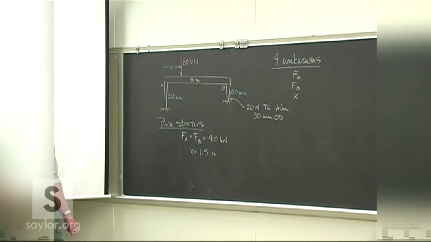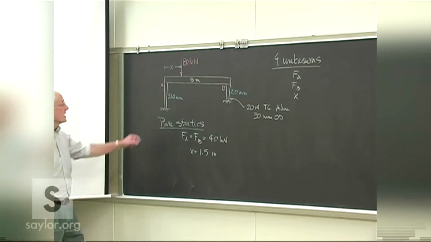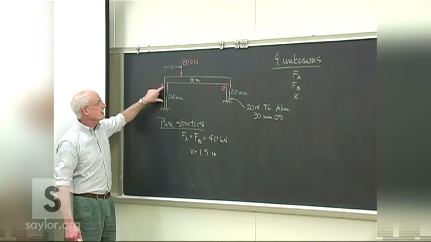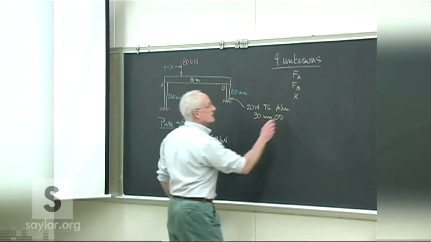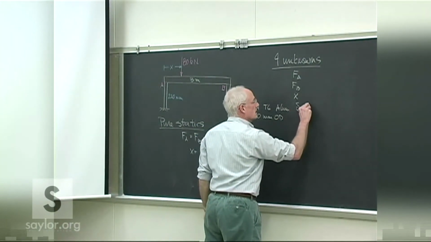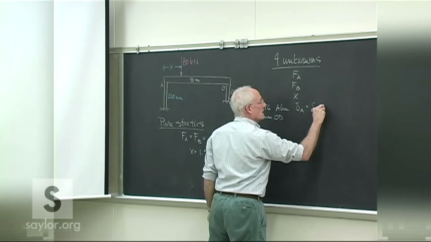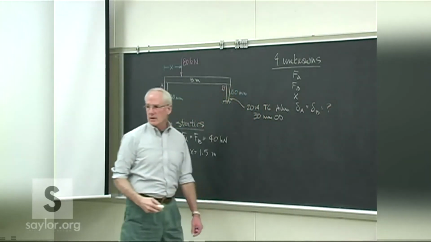There's actually a 4th and a 5th, but they're equal, if that's a hint. What is the compression? What is the response of these struts to those loads such that the beam remains level? So del A equals del B, but both are unknown.